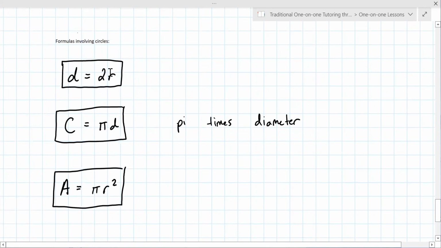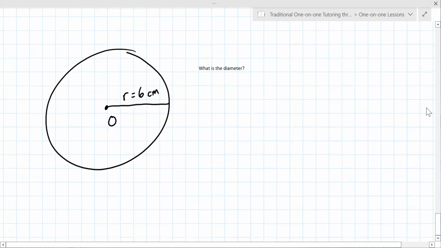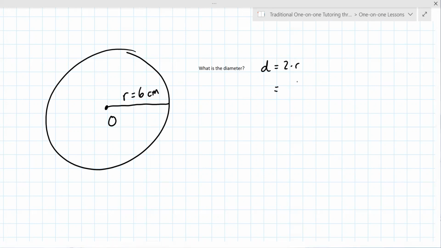Yeah. Okay. If you wrote it down and I ask you what the diameter is, you should say the diameter is 2 times the radius. What is the radius in this problem? The radius is 6. Okay, so the diameter is 2 times what number?